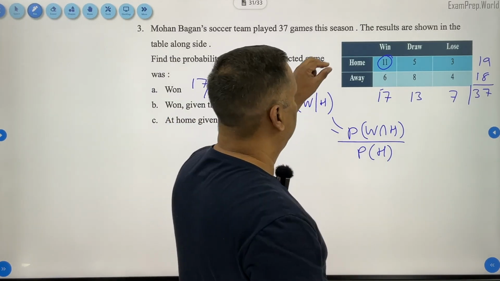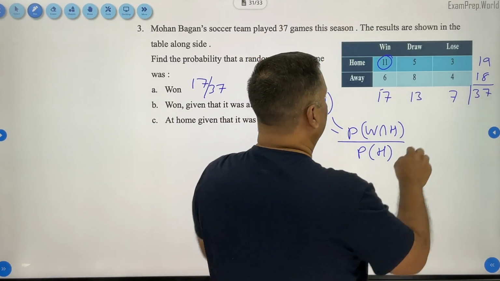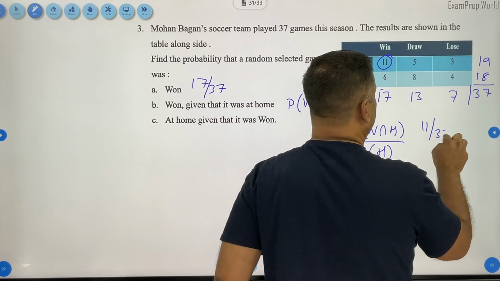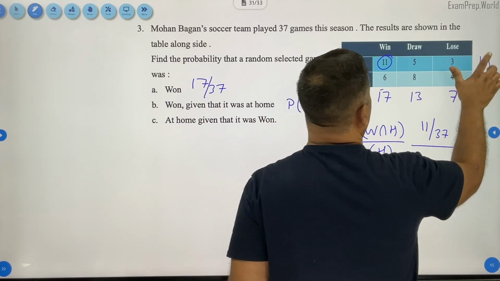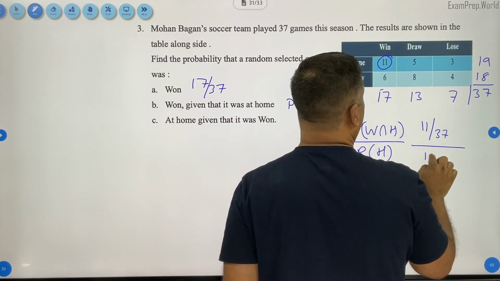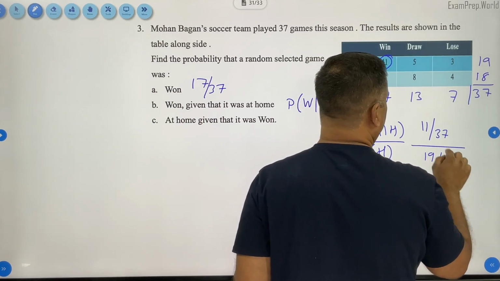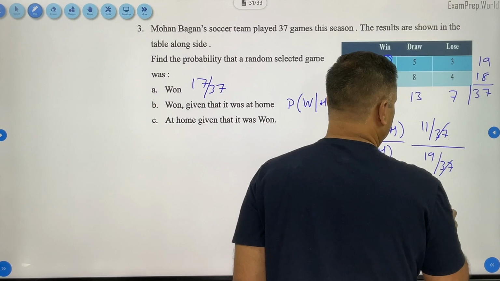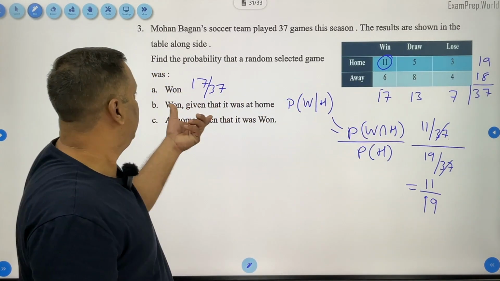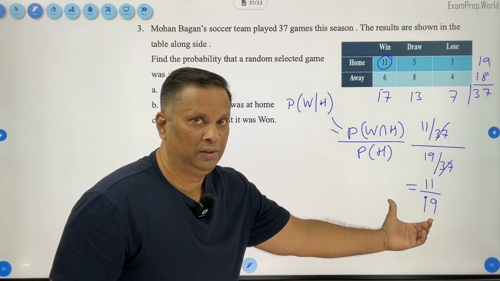Win and home is 11. 11 on 37 divided by probability at home. How many games are at home? 19. 19 on 37. 37 cancels. Answer is 11 on 19. The chance for the first conditional probability is 11 on 19.